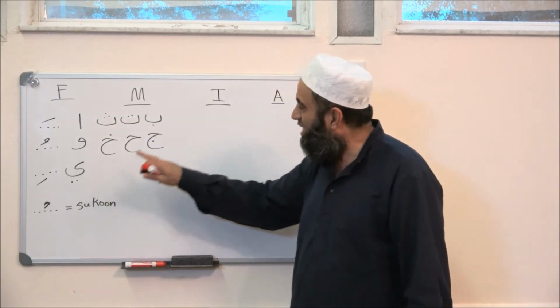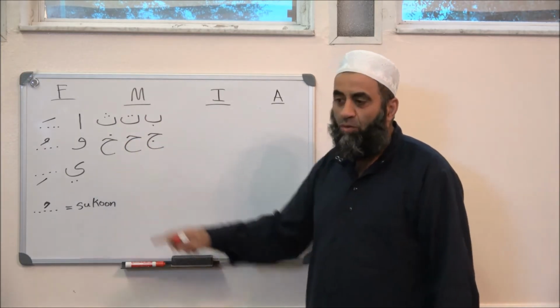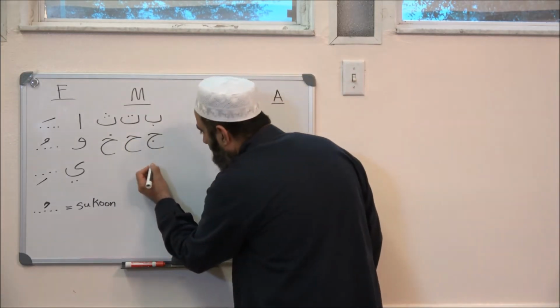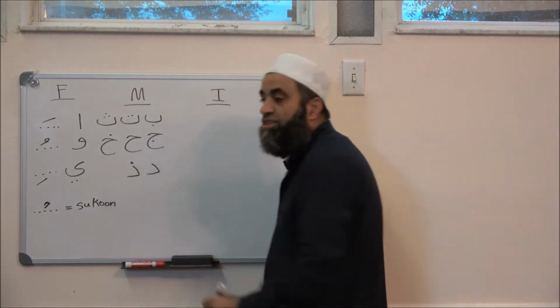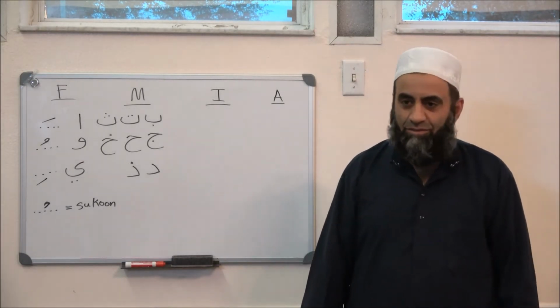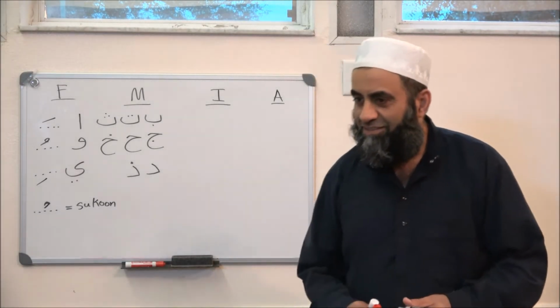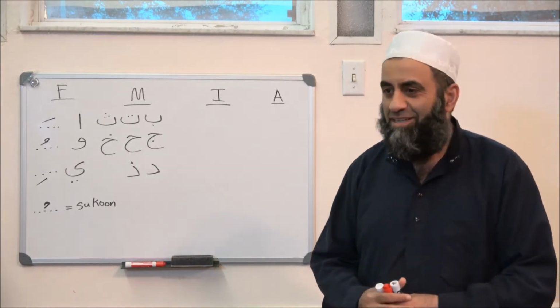So a, u, e, ba, ta, tha, ja, ha, kha. What else we covered? The two sisters da and the. Who works with gold here? Yeah, this word is dhahab.